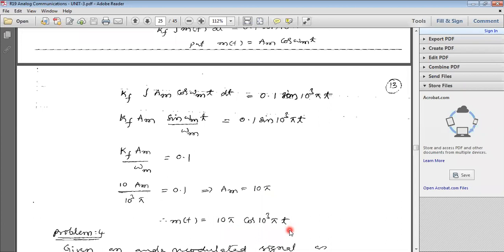This is our message signal. So this is the way to find the message signal when he gives a frequency modulated signal or phase modulated signal. So from the modulated signal, how do we find the message signal? So this is the way.